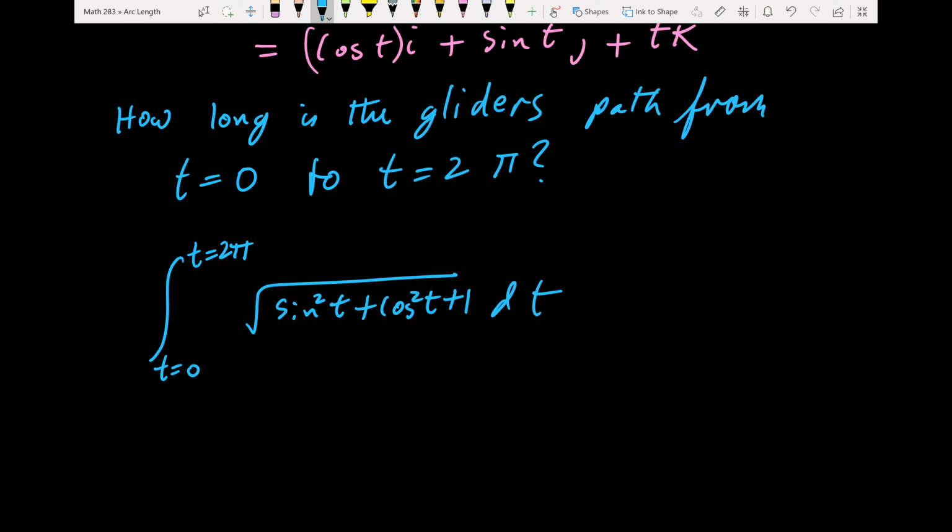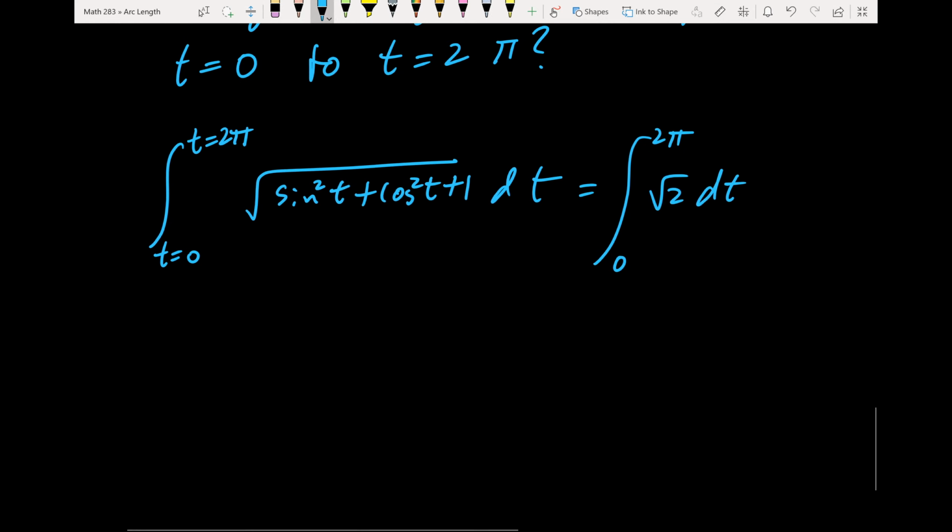Look at that problem. It becomes root 2 dt, which becomes t from 0 to 2 pi root 2. That makes your life so much easier, right?